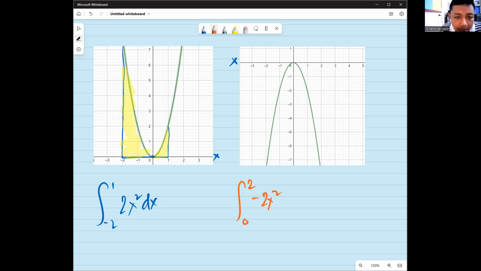Ayan, from 0 to 2, meaning from this point up to 2, and it should always be bounded. It should always be bounded by the x-axis and the curve. So, eto yung focus natin. There you go. This is the boundary, x-axis.